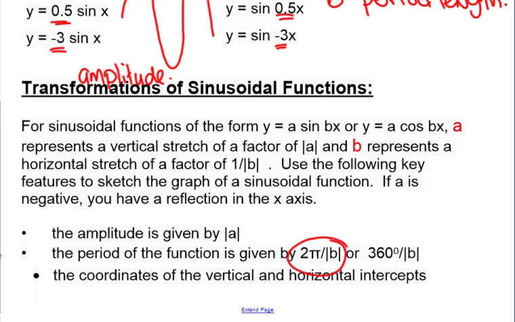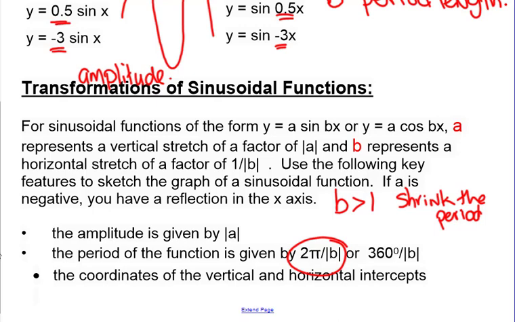So some things to note, if your b value is greater than 1, so things like 2, 3, 4, 8/5, those are all values greater than 1, that is going to shrink the period. It's going to compress our graph. It's going to squish it closer together.